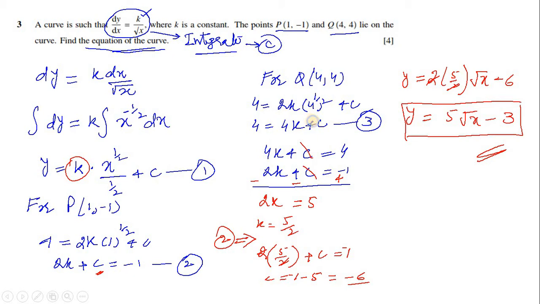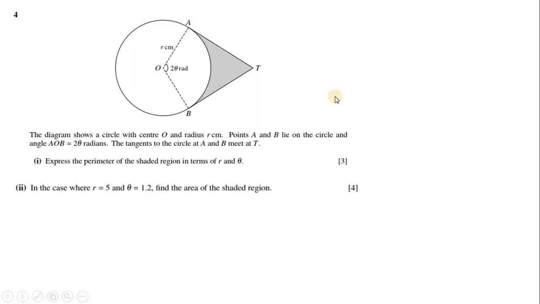Question number 4. The diagram shows a circle with center O and radius r centimeter. The points A and B lie on the circle and angle AOB is 2 theta radians. The tangents to the circle at A and B meet at T. Everything is given in the diagram.